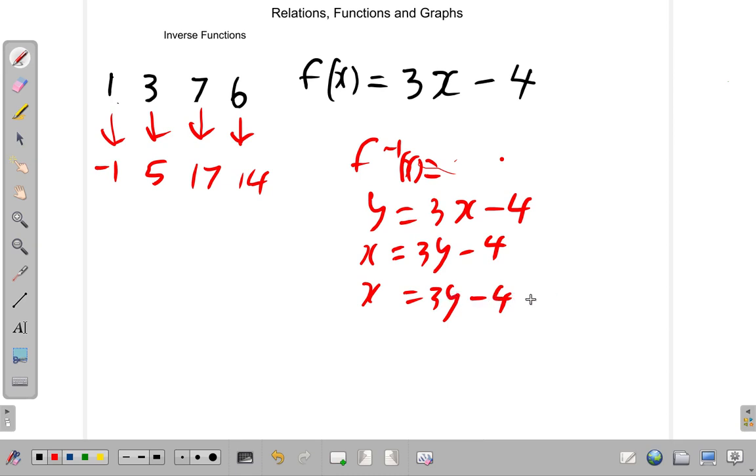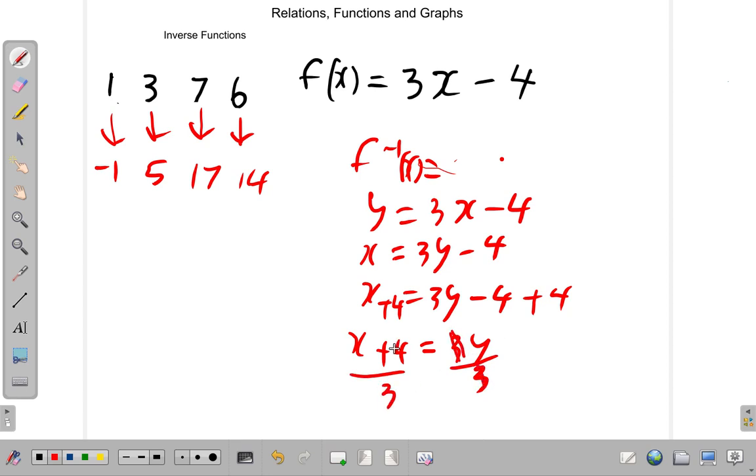You want to get rid of all the other numbers around y and leave y alone. Get rid of the 4 first. If you add 4 to both sides, negative 4 plus 4 is 0. So you have x plus 4 equals 3y. Then get rid of the 3. Divide by 3 on both sides. 3 cancels 3.